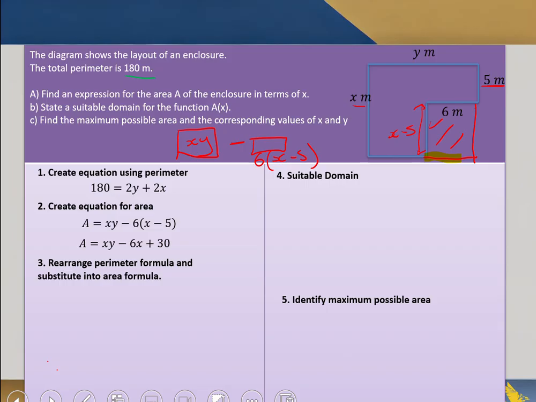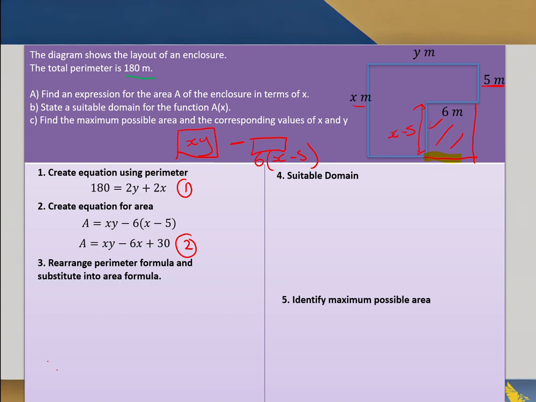The next part says rearrange the perimeter, and that's what we're going to do, to substitute into the area formula. Because in the end, we've got two equations, equation 1 and equation 2.